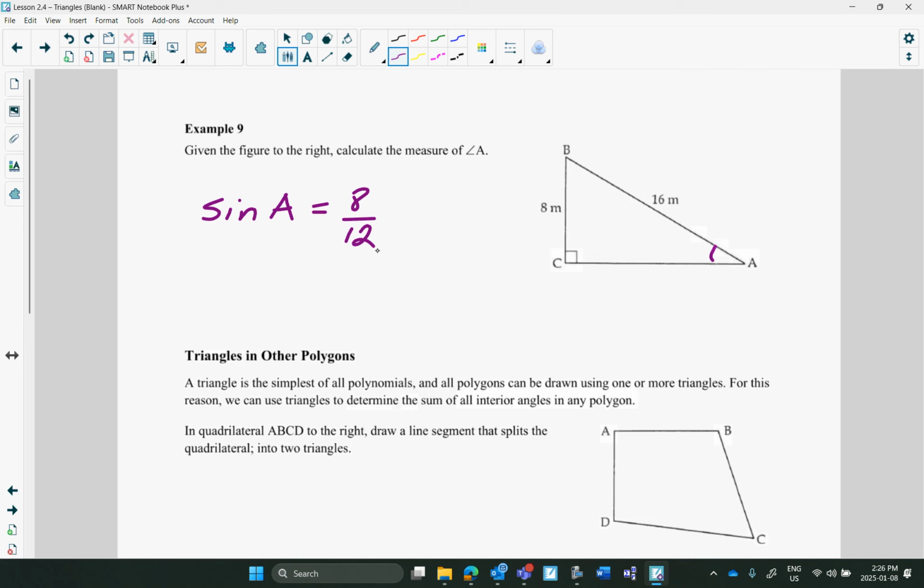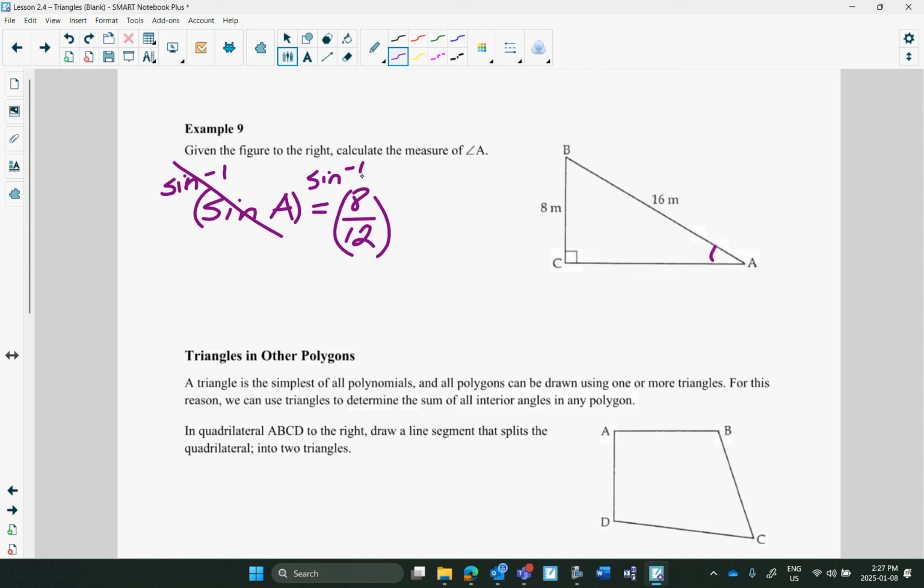Now, how do I get A by itself? How do I get rid of just sine? Inverse. So A is going to be the sine inverse of 8 over 16. Remember, when you find a missing angle using trig, you always use inverse.